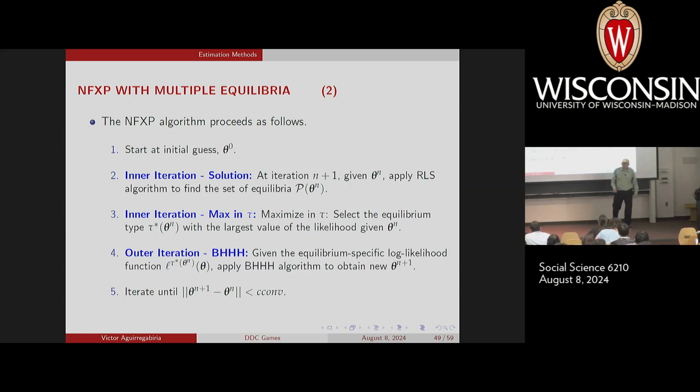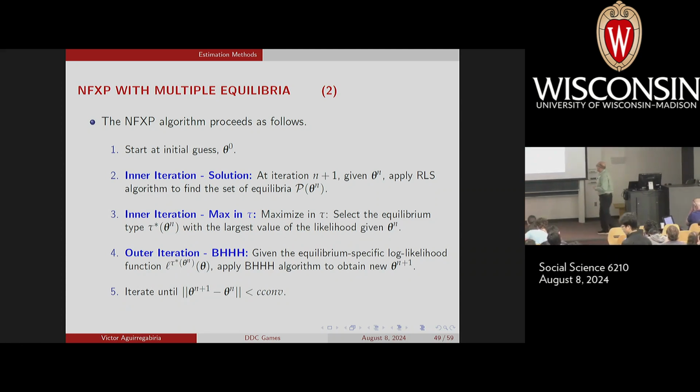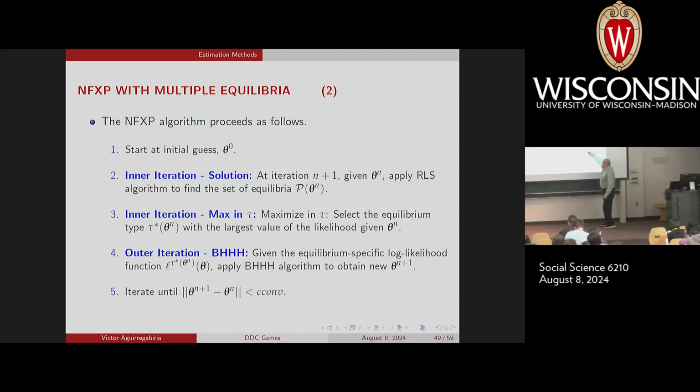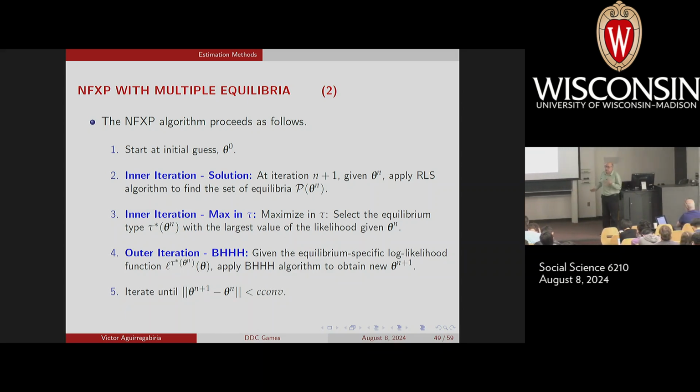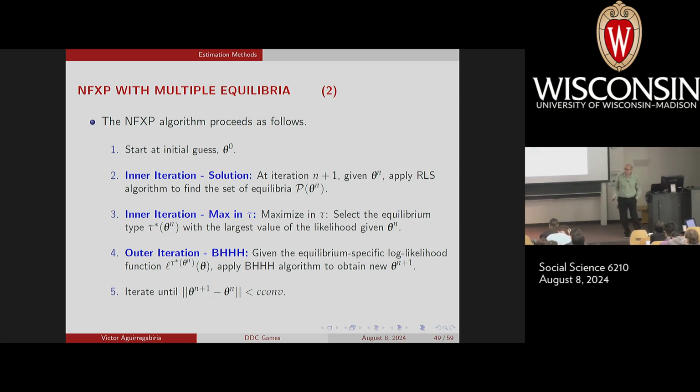As usual, we obtain the scores and then a new value of theta. Given the new value of theta, we proceed again in the same way up to convergence. It is quite similar to the standard nested fixed point algorithm, but at each iteration we need to maximize with respect to the type of equilibria that we have.